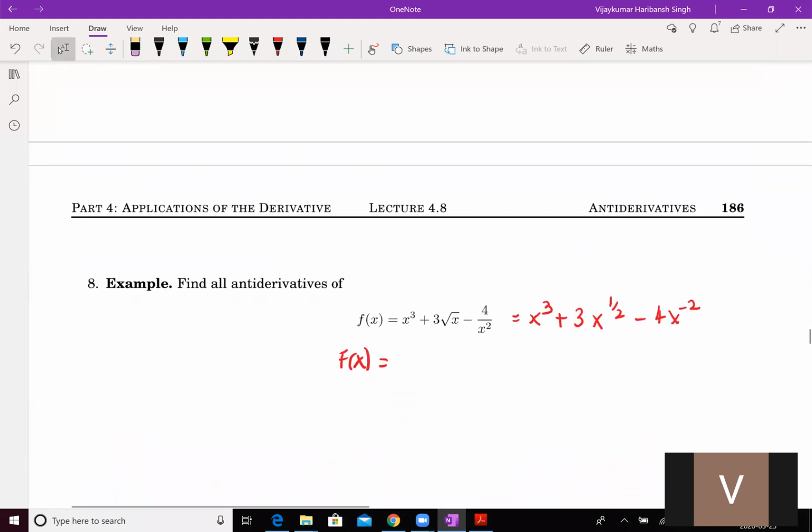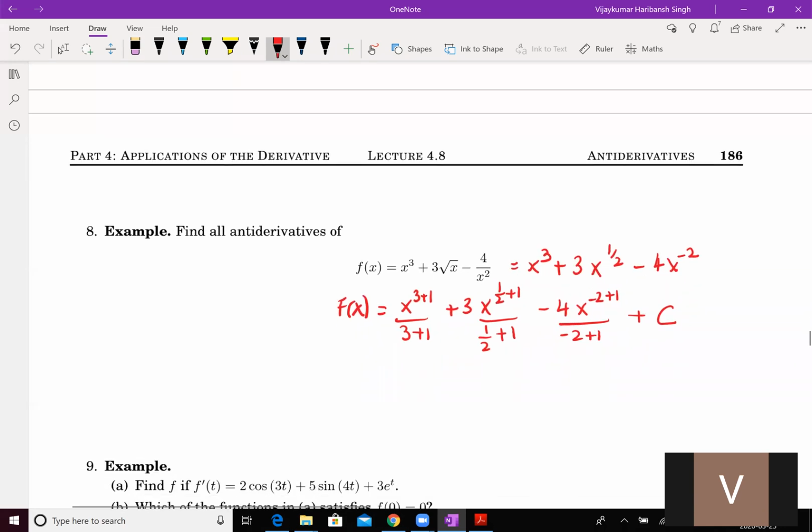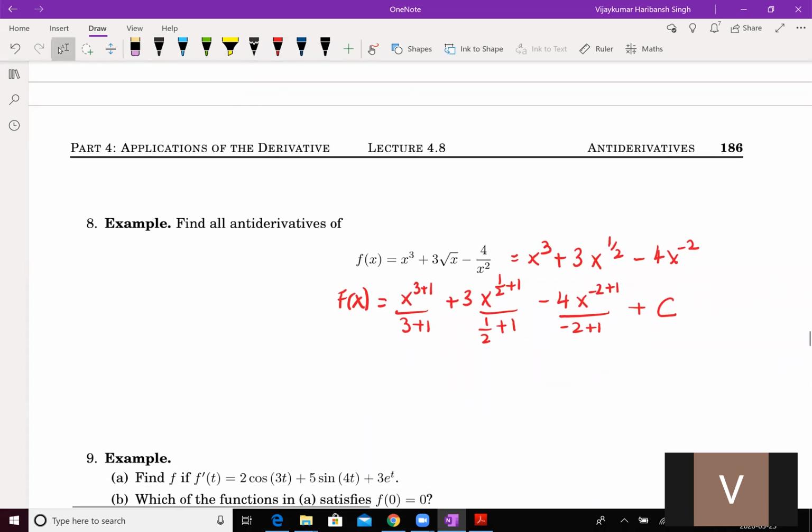So here it will be x to the power 3 plus 1 divided by 3 plus 1, plus 3 times x to the power half plus 1 divided by half plus 1, then minus 4x to the power minus 2 plus 1 divided by minus 2 plus 1. Then plus c in the end to represent the most general antiderivative, to find all the antiderivatives.